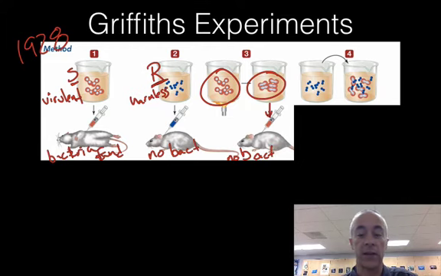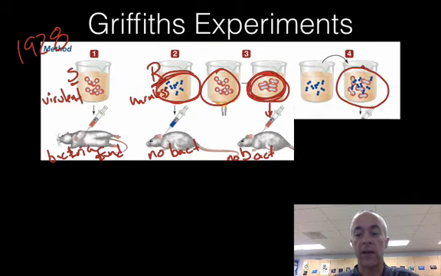And then, being a good scientist, he decided to take this test one step further, and this is where the real discovery was made. So he took these heat-killed bacteria, and he took the R strain bacteria, both of which by themselves caused no harm to the mice, and then he mixed them together into a solution.